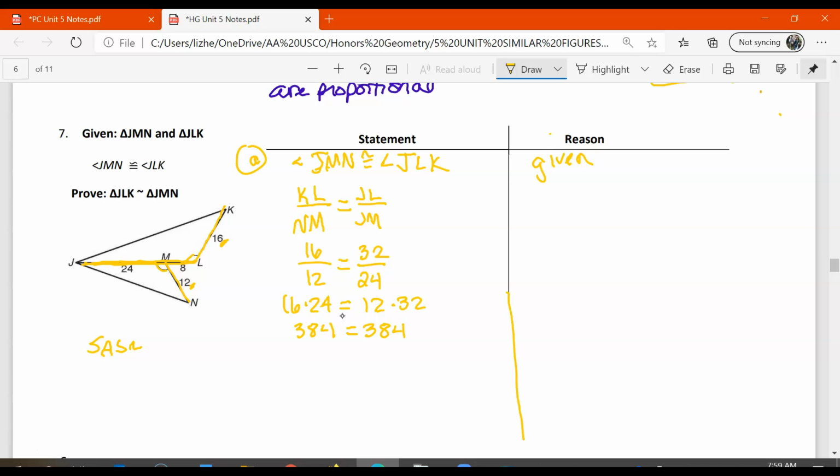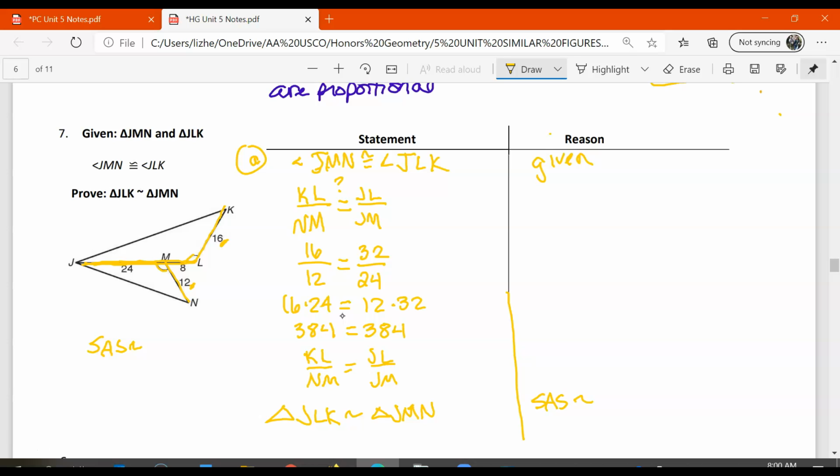So therefore, we can say that sides are proportional. We're going to put a question mark there. But now we can say that, yes, KL to NM does equal JL to JM. And then finally, we can say that triangle JLK is similar to triangle JMN by side angle, side proportionality.